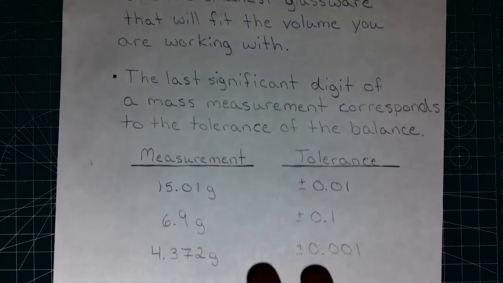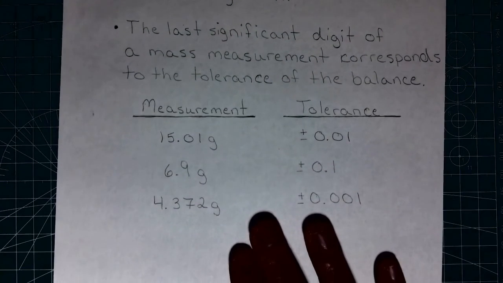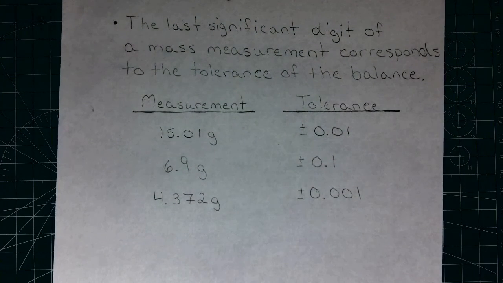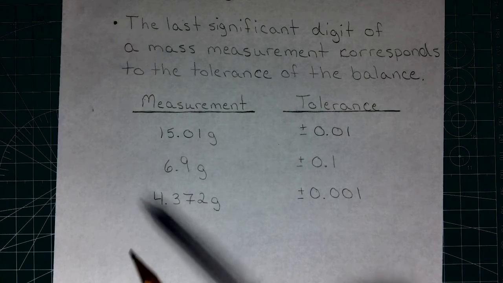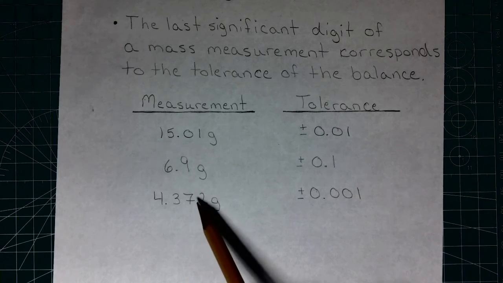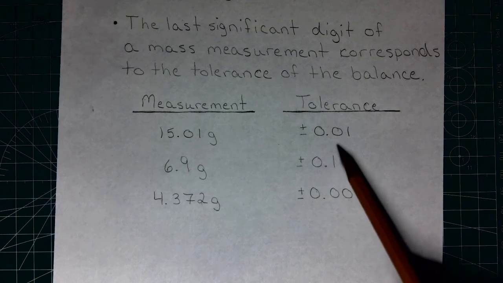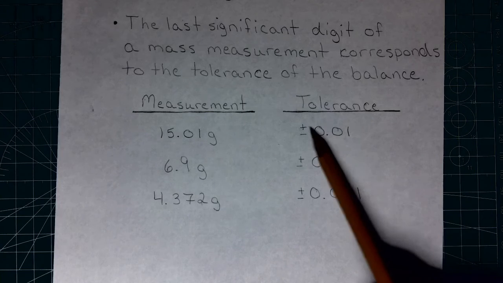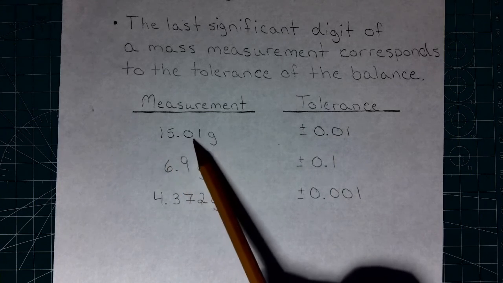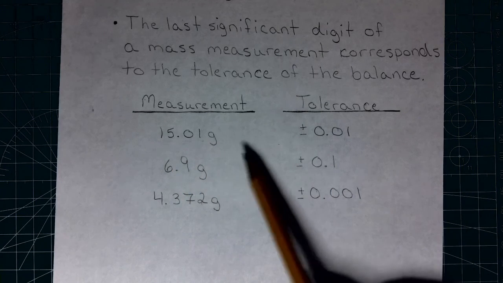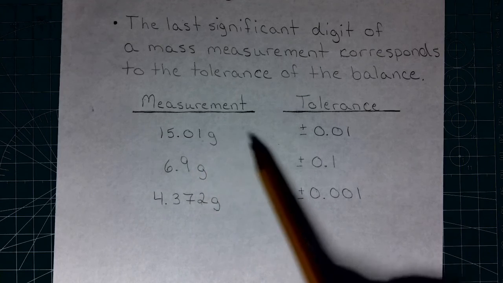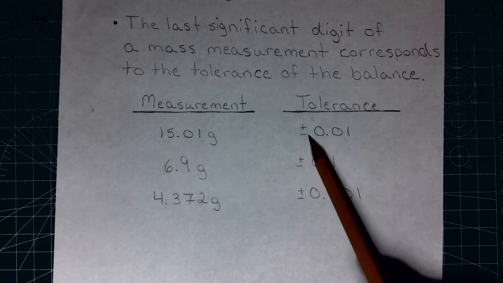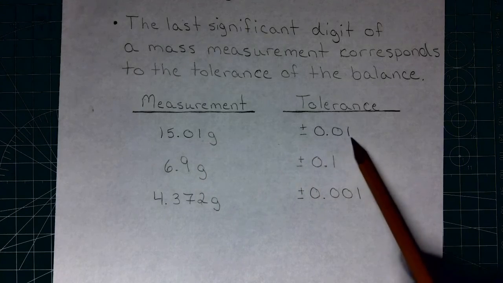The last thing I want to mention is the connection between the last significant digit in a mass measurement and the tolerance for a balance. So the tolerance tells you that if I measure out 15.01 grams, that's 15.01 grams plus or minus a maximum of 0.01 grams.